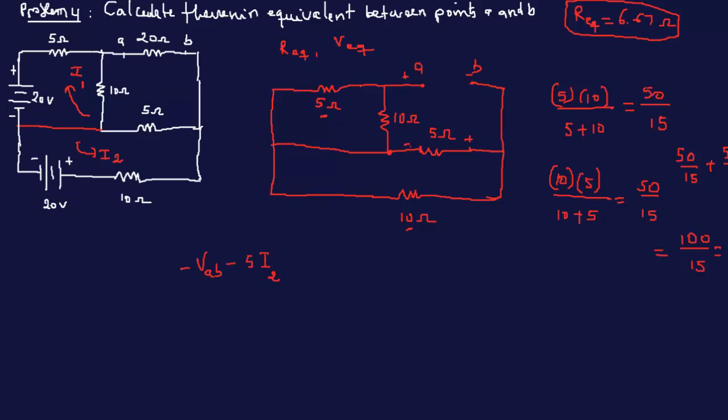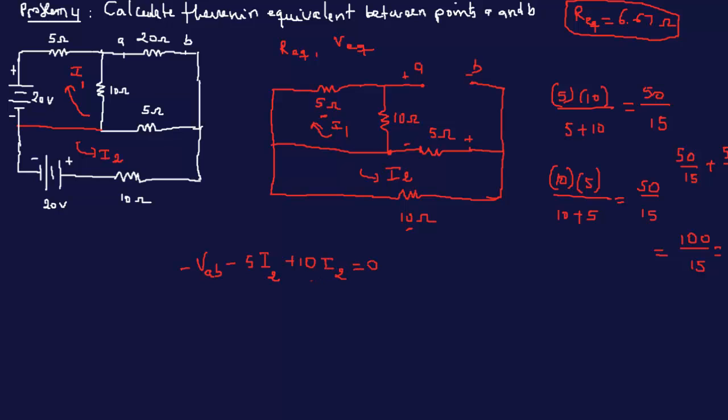And from minus to plus, that's positive, so that's plus 10, and that would be the current over here, I1, and I2 here, plus I2, that's equal to 0.